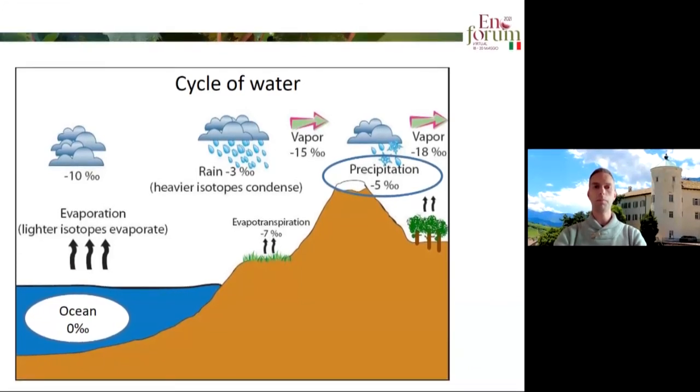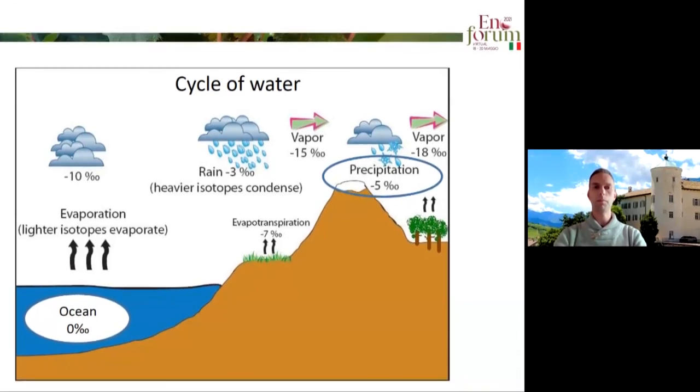So this water is lighter, it tends to fall with rain onto the ground again, and that feeds the groundwater, which has a lower isotope value, which is -5 per thousand. And you see that highlighted on the slide.